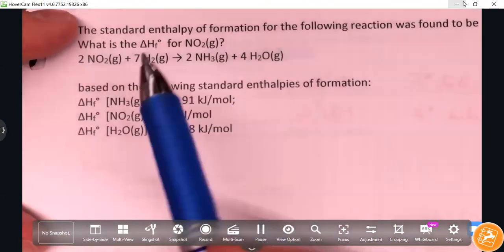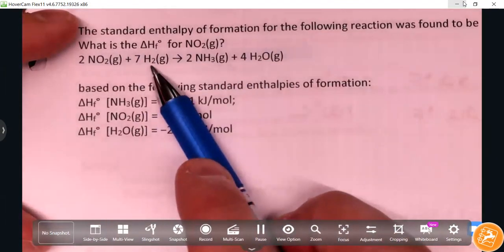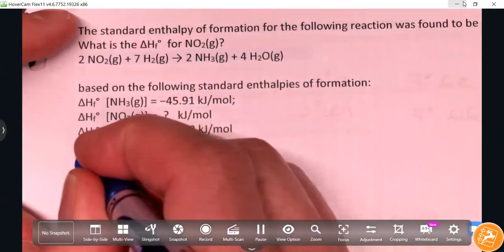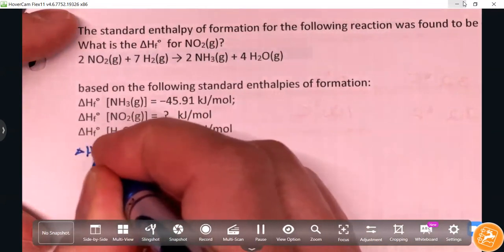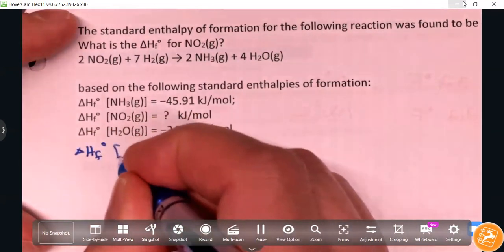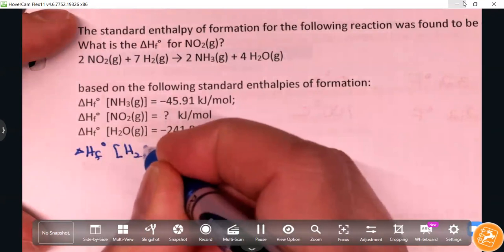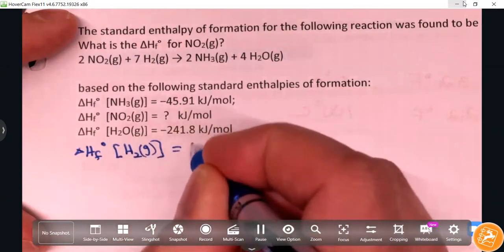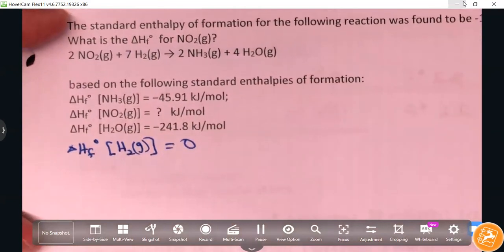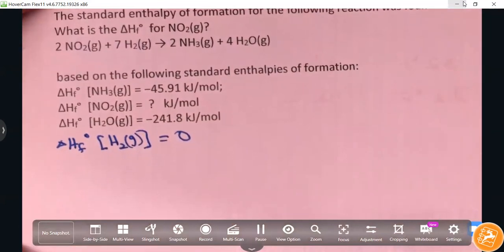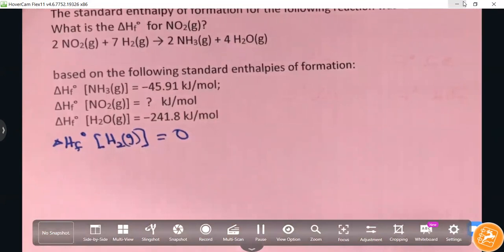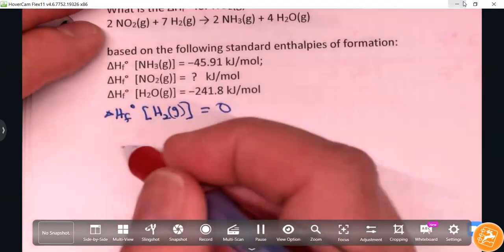Okay, notice that hydrogen gas is not on here. If it is not on here, then we know that the enthalpy of formation for hydrogen gas is equal to what? 0, right? Okay, let's see if we can solve this. We're going to do the same thing, products minus reactants.